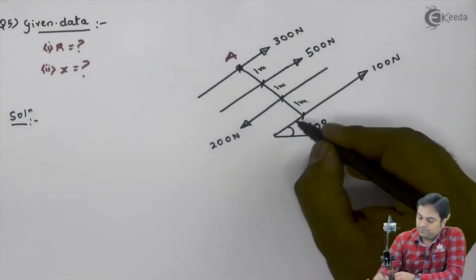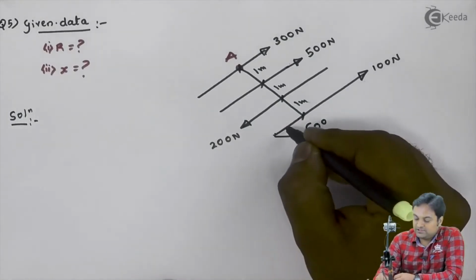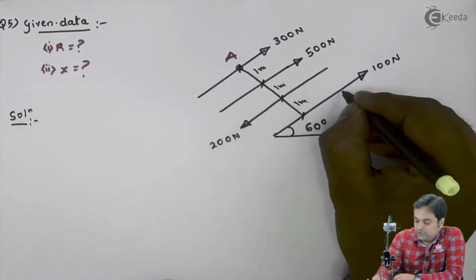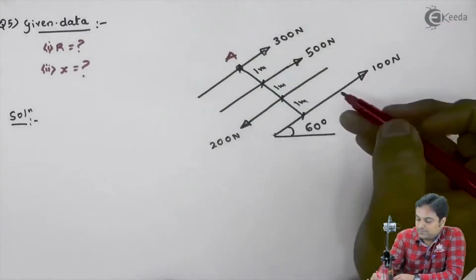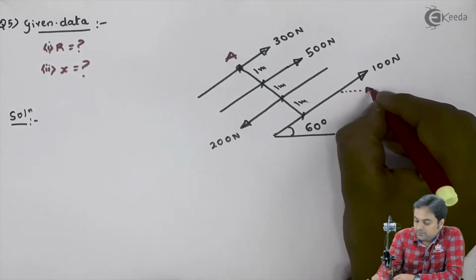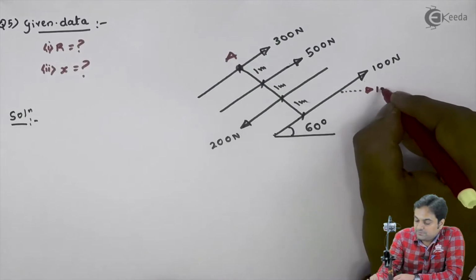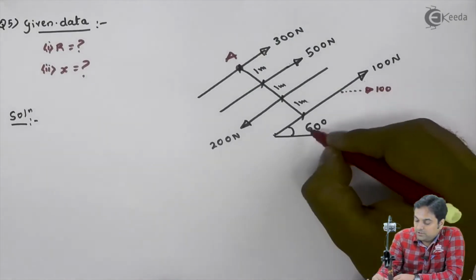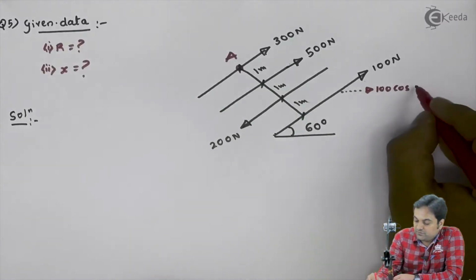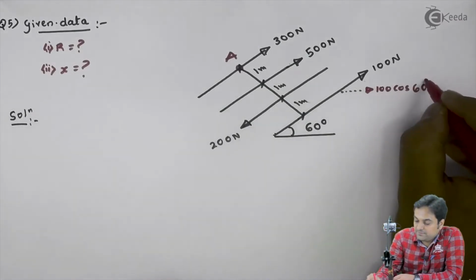So first of all, there is 100 Newton inclined at 60 with horizontal. So its horizontal component will be, I will mark the components here. Its horizontal component will be force 100 inclined with horizontal, so cos 60. If it is with vertical, then it will be sin 60.